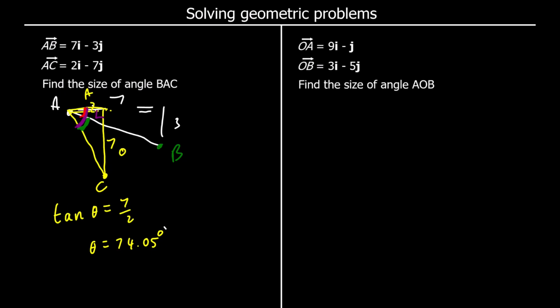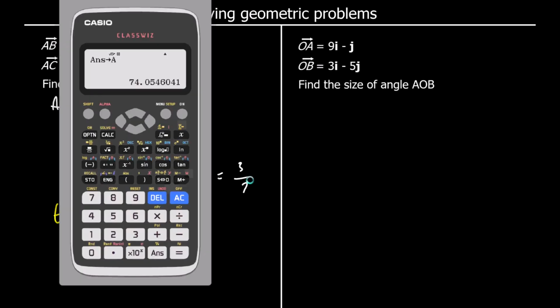For the other triangle, we've got the angle there, so the opposite and adjacent. Tan theta is 3/7. Shift tan 3/7, 23.2.